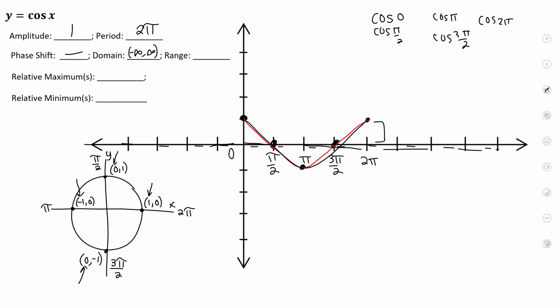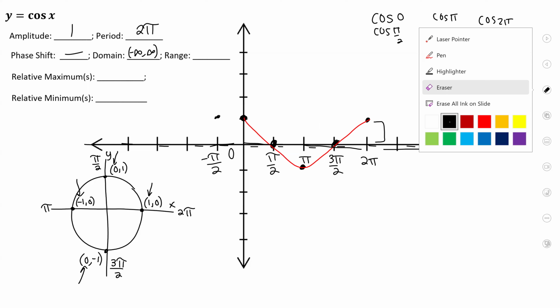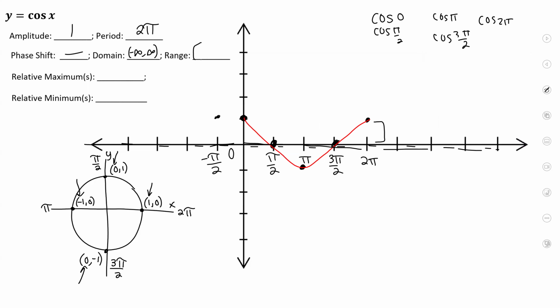What it means by phase shift, let me show you one. If we started here instead, that's a phase shift. It shifted to the left pi over 2. We don't have a phase shift yet. We're going to cover that later. Your range is -1 to 1.